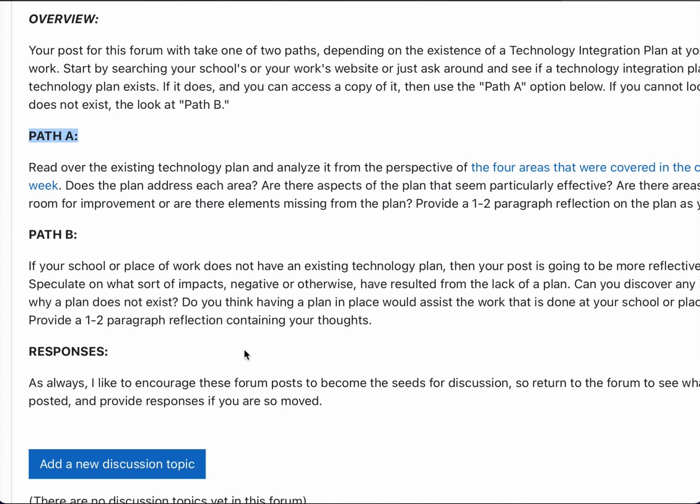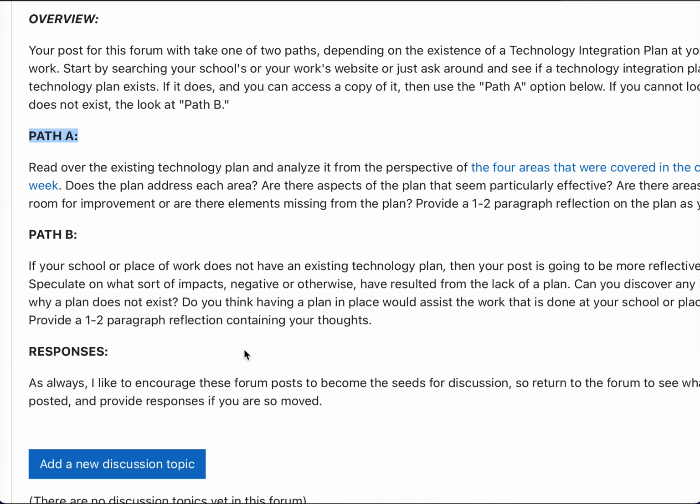Do you think you would have benefited from having a technology plan in place? How would that have changed what you do? Maybe you feel like it wouldn't. Because I can't guarantee that everybody has a technology plan wherever they work, I wanted to make sure that both scenarios were accommodated in this final forum post.